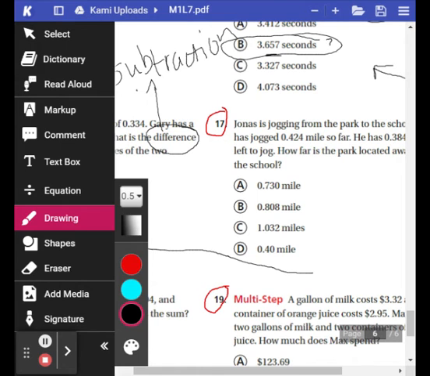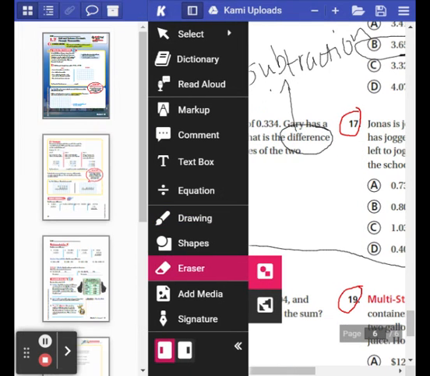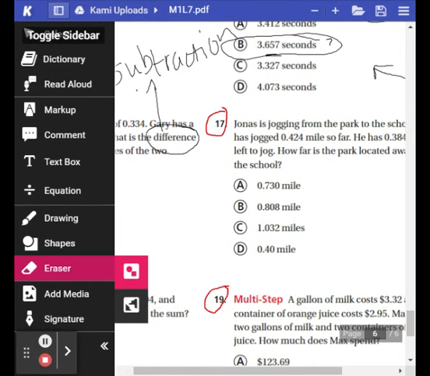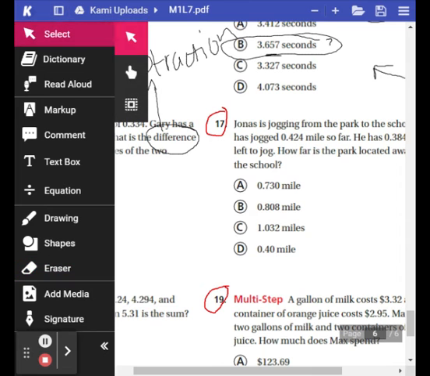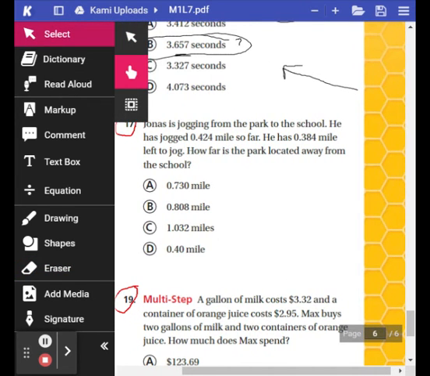Let's look at 17. Jonas is jogging from the park to the school. Jonas is driving to the park from the school. He has jogged 424 thousandths miles so far, and he has 384 thousandths miles left to jog. How far is the park located from the school? Well, let's figure this one out.